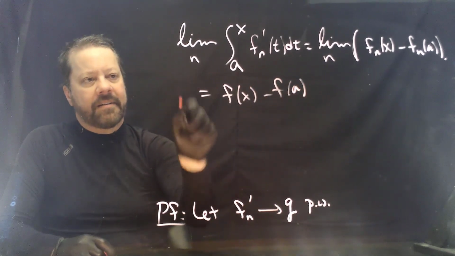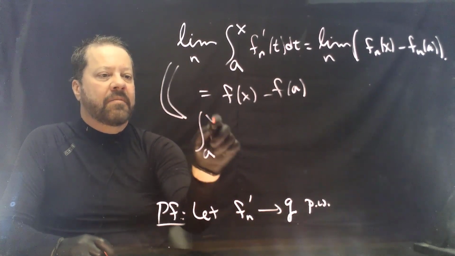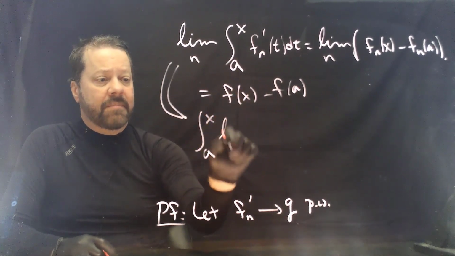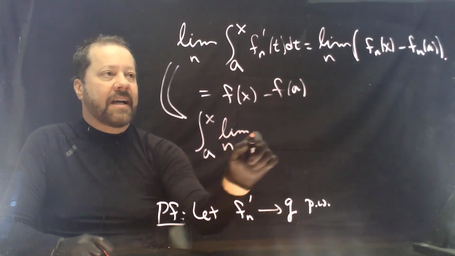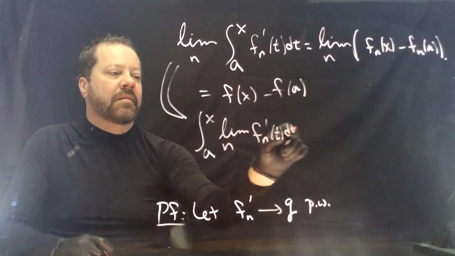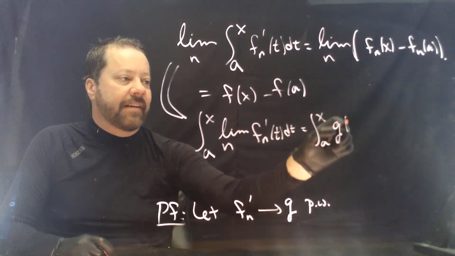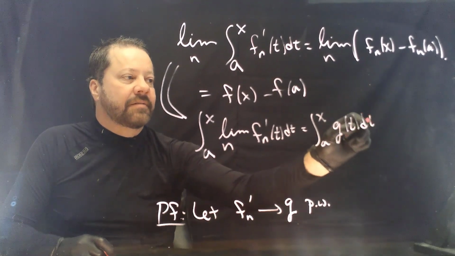On the other hand, because of the hypotheses of this theorem, we remove the limit inside, but that gives us the integral of g of t dt.